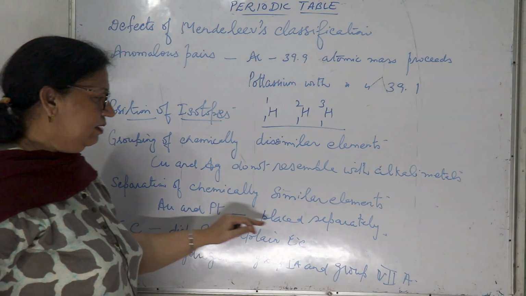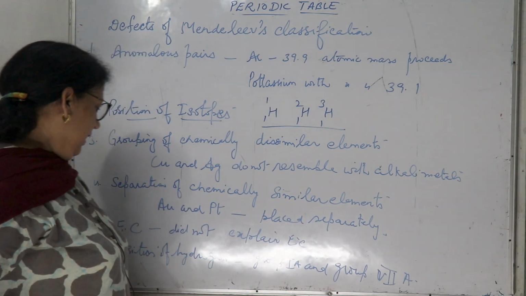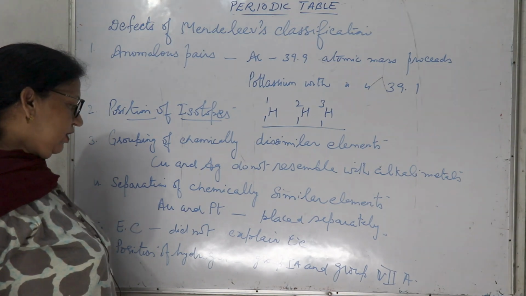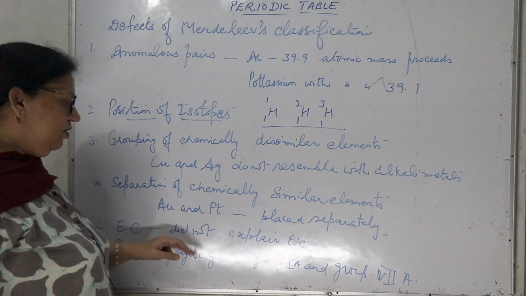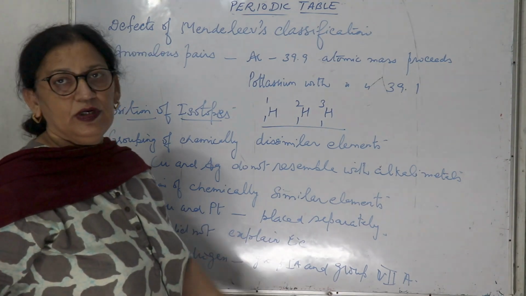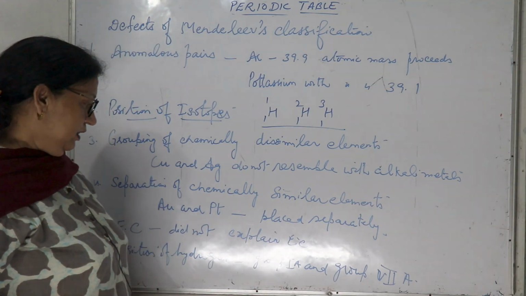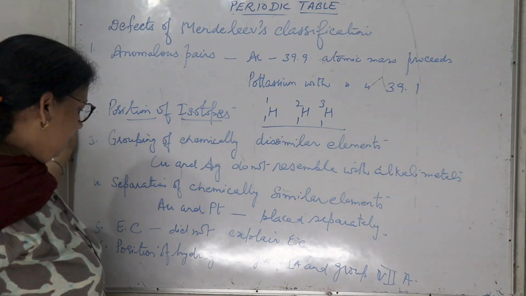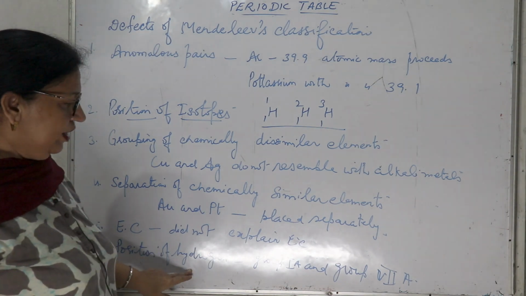He placed them separately. Next one is electronic configuration. He did not explain anything about the electron arrangement of atoms of elements.